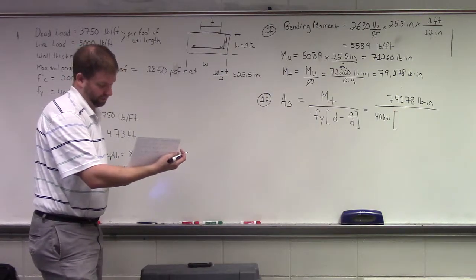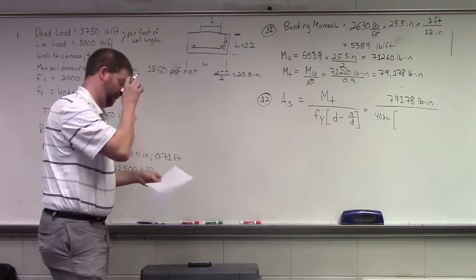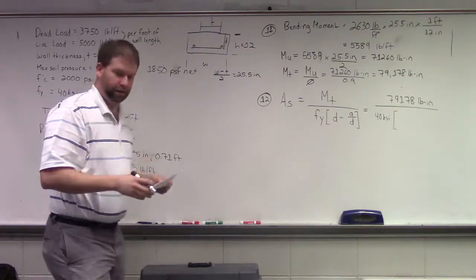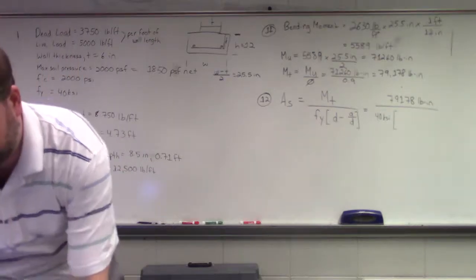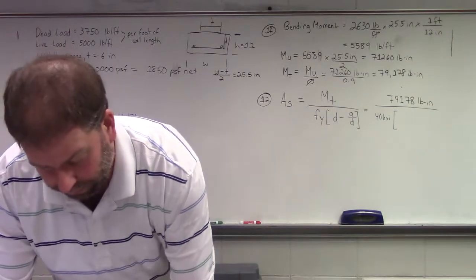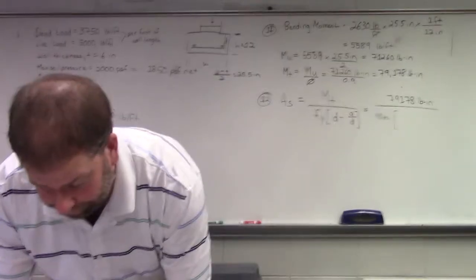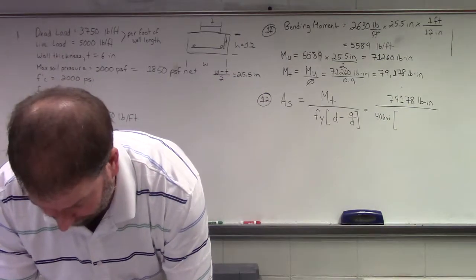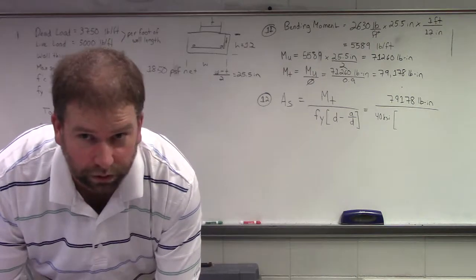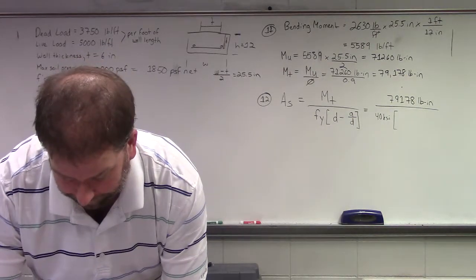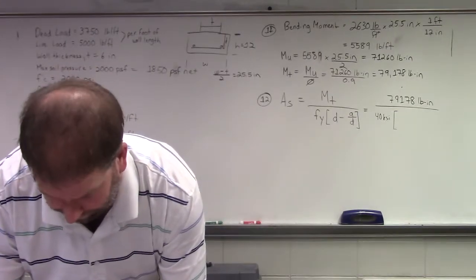Okay, so 40 ksi minus the B. Where do we get the A value from? Do we get that right out of the chart? A over D, with D being 8.5, but we get the other one from the chart.